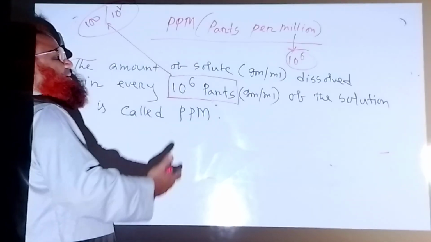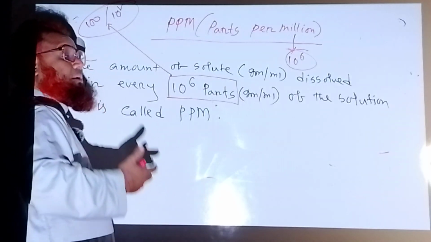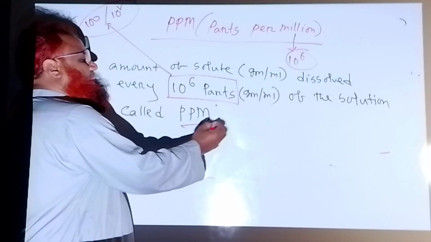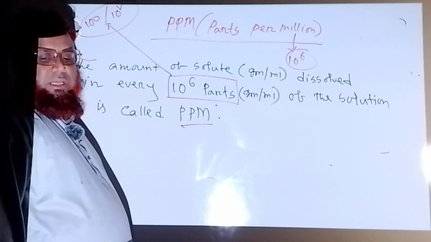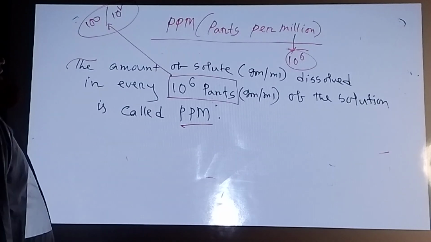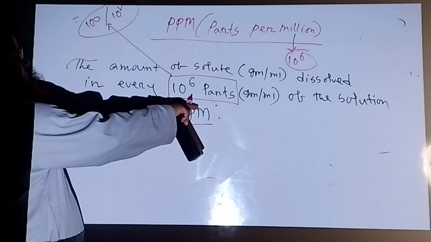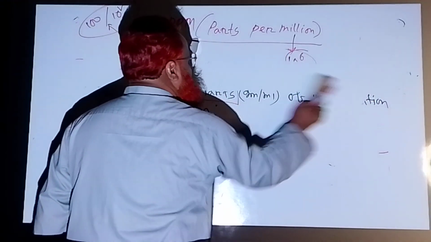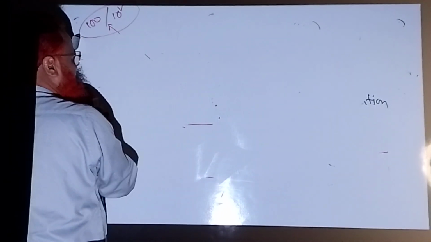When it is dissolved in 10 to the power 6 parts, or per million parts of the solution, it is called ppm concentration. So the basic difference is the multiplier factor: 10 to the power 6 for ppm, 100 for percentage.